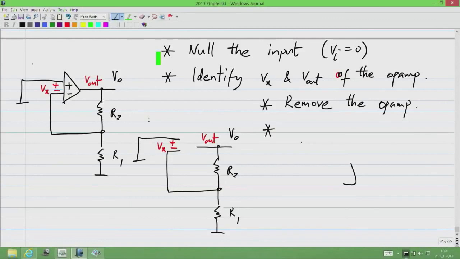And then you apply a test voltage to wherever the op-amp output was. Okay, this is V test. Okay, I just connected there. I remove the op-amp, and instead of the op-amp's output, wherever the output was, I connect a voltage source V test. Okay.